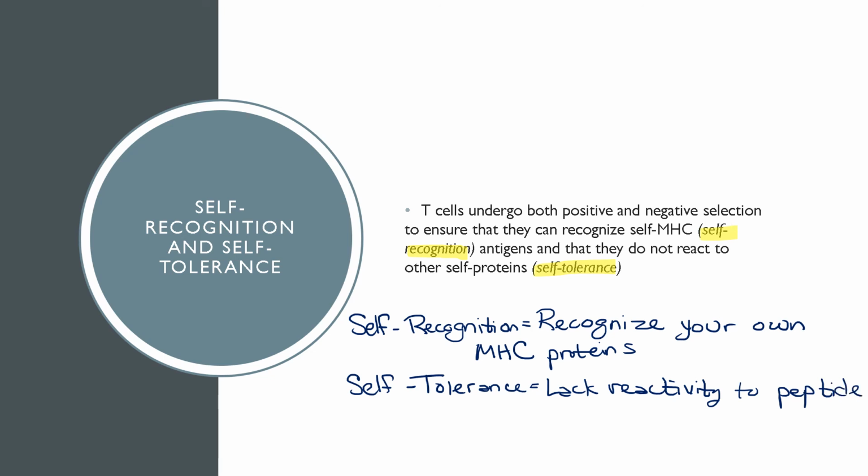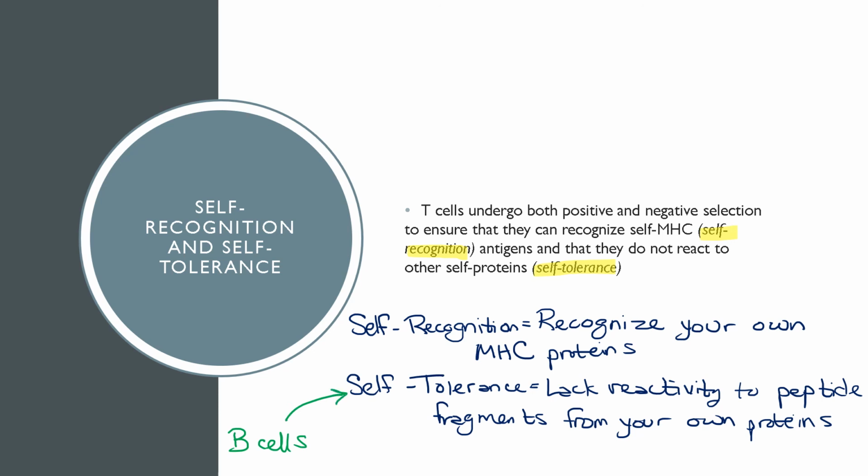So this is for T cells. Now, B cells will also display self-tolerance, and loss of self-tolerance leads to the development of autoimmune diseases.